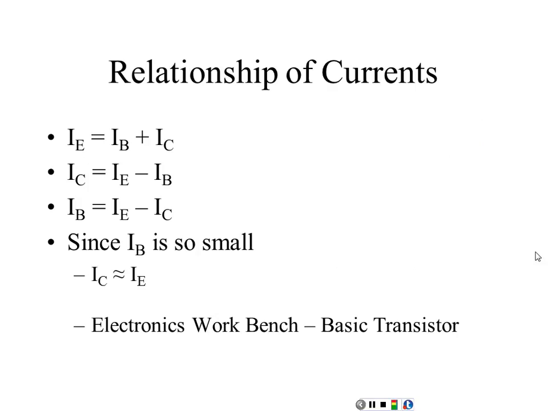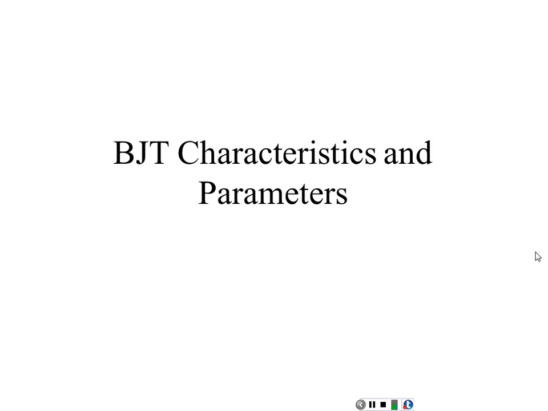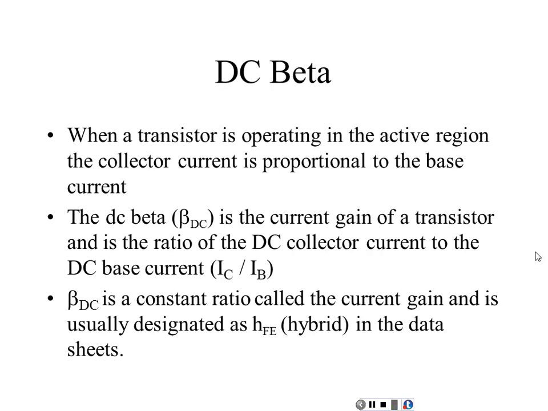When we get into calculations, we're going to assume that IE and IC are approximately equal to each other, because they are. 99% of the current flowing into the emitter goes out the collector. Saturation, everybody okay here? The three regions, excuse me. Okay, and this is where we left off.